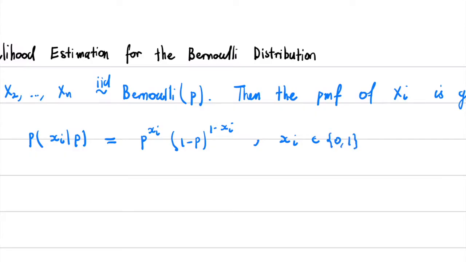In other words, when xi is 0, the probability xi equals 0 is 1 minus p, and the probability xi equals 1 is equal to p.